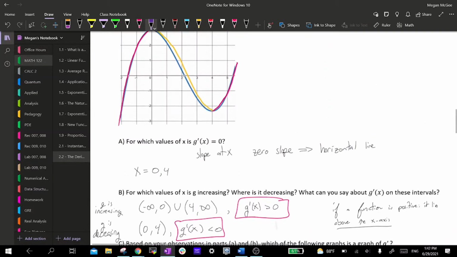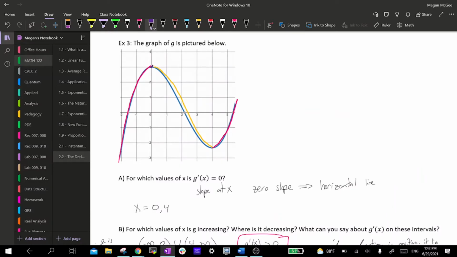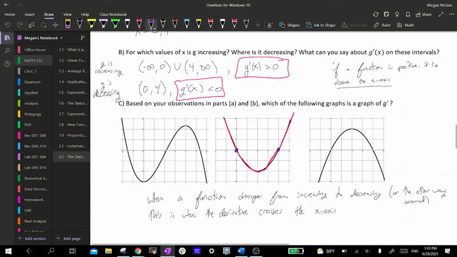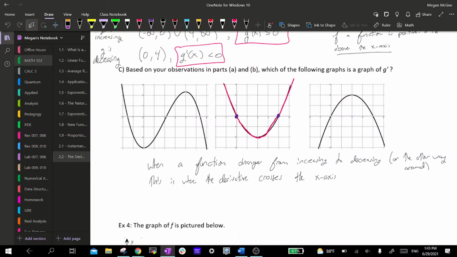And we see in our original function that it changes from decreasing to increasing at x is equal to 0 and x is equal to 4. And this is the best graph for the derivative in our case.